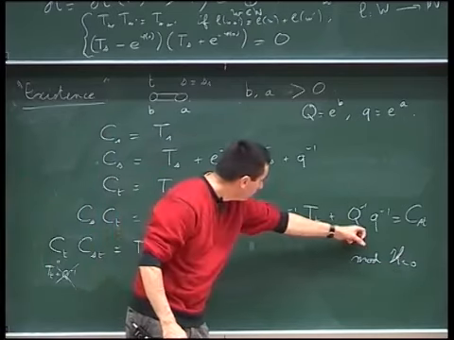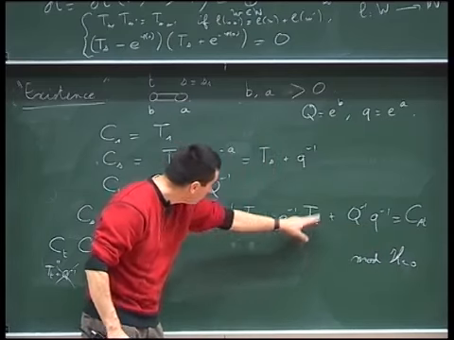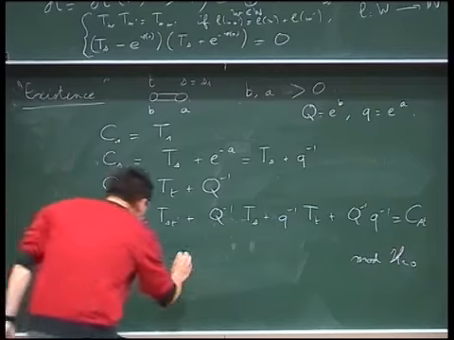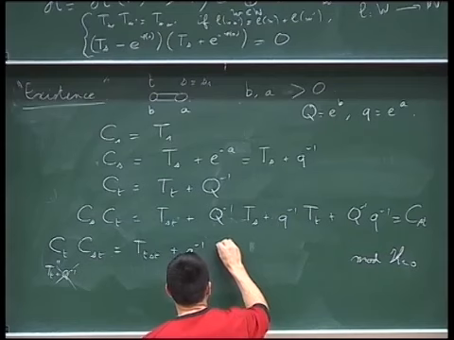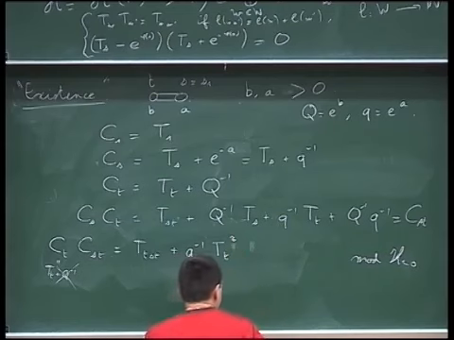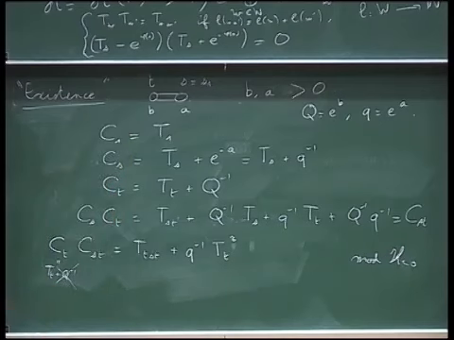If I multiply TT by this, I will also get something, but here, something can occur. So you get Q minus 1 times TT square, and that's all. Modulo the negative part, you get only this.